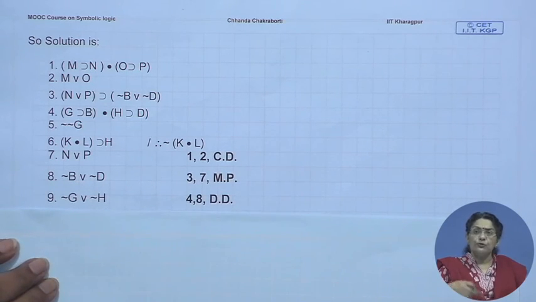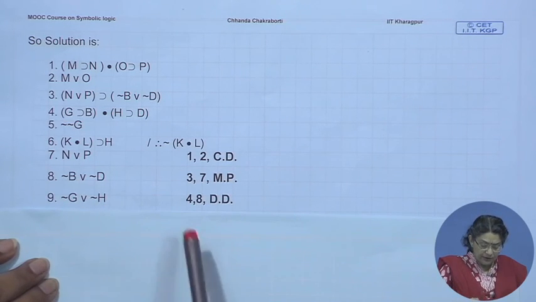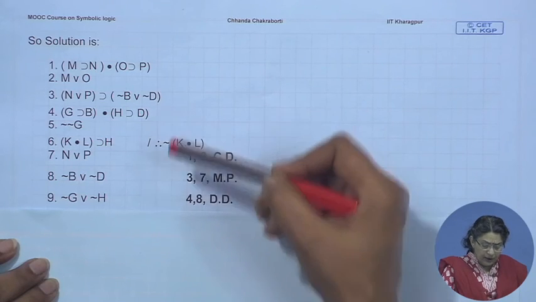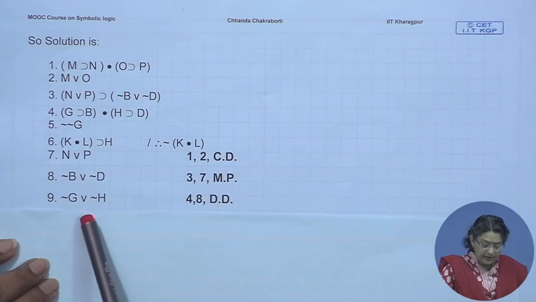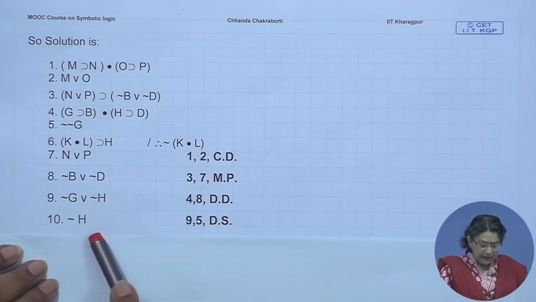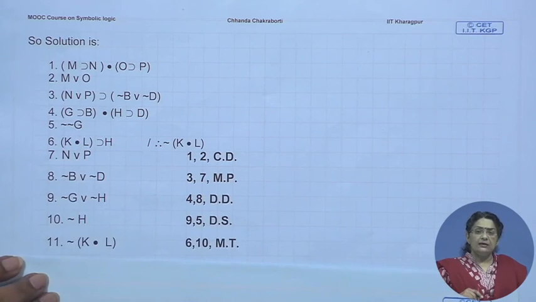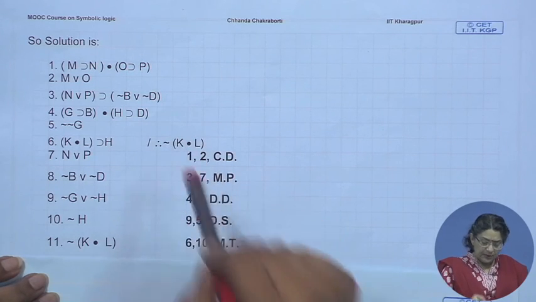If you do not know what destructive dilemma does, you do not anticipate this line that you can use. We are using it on 4 and 8 to get line number 9. Once you are here and you have line number 5, you can apply them together and you can get not H. Why do we need not H? To get at not K dot L, and that is my goal.